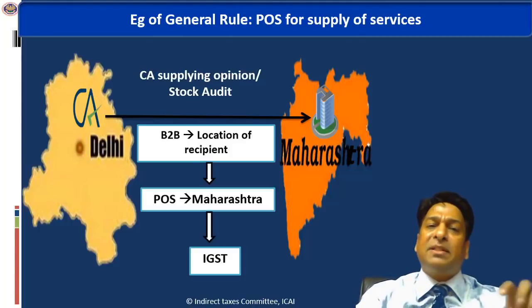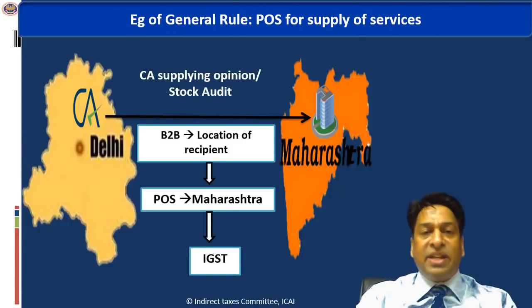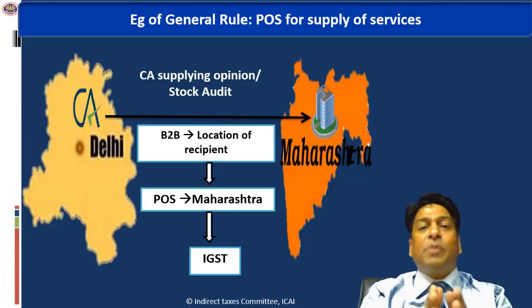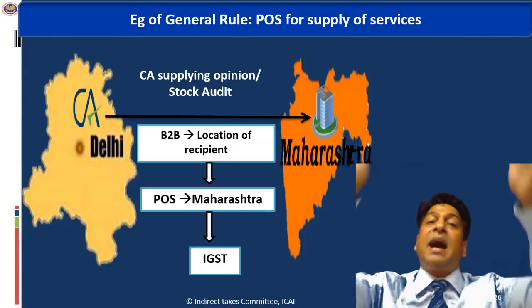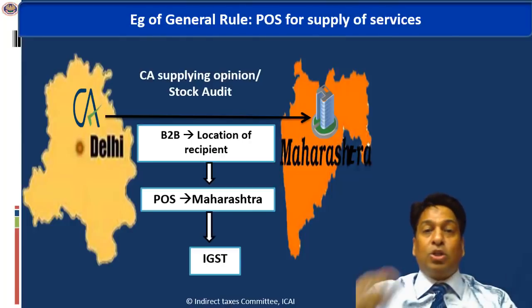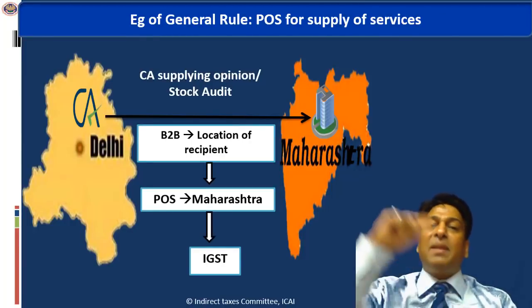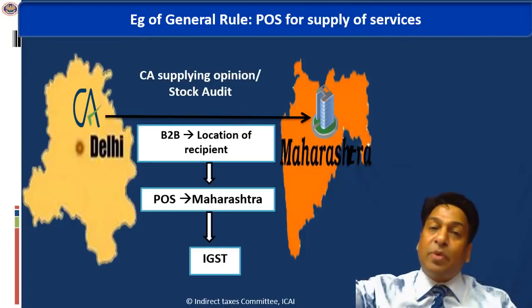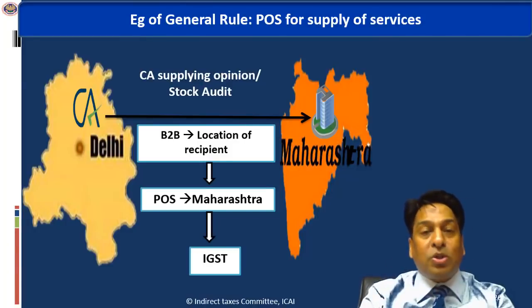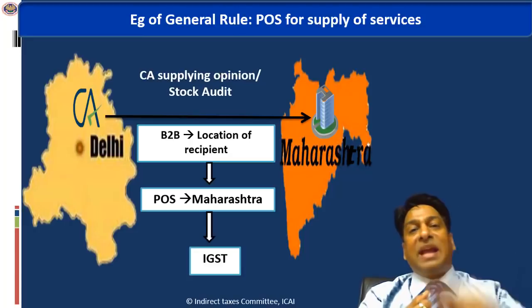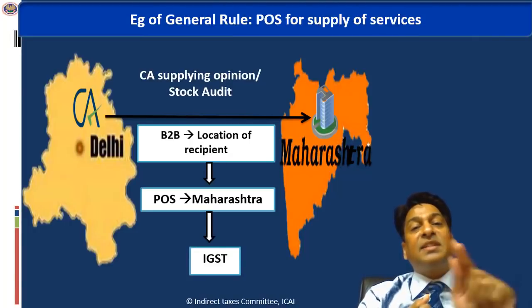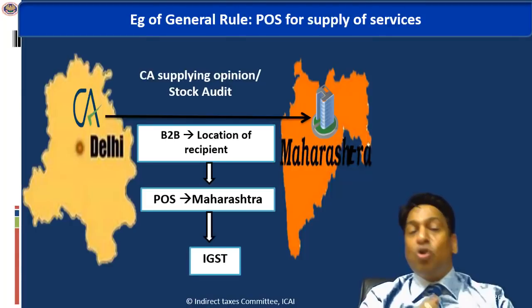So this client has to take ISD registration and distribute credit to the locations these services pertain to. So ISD credit is ultimately distributed, which also shows that the GST credit component has gone to a state where services are ultimately rendered and consumed.